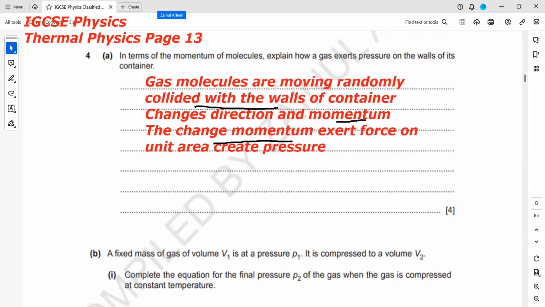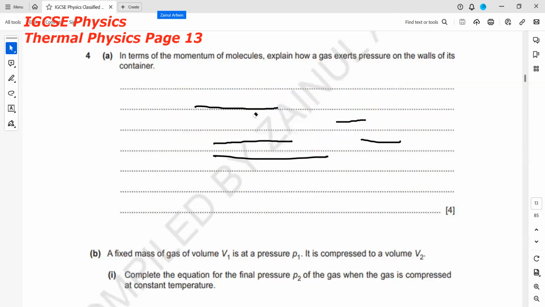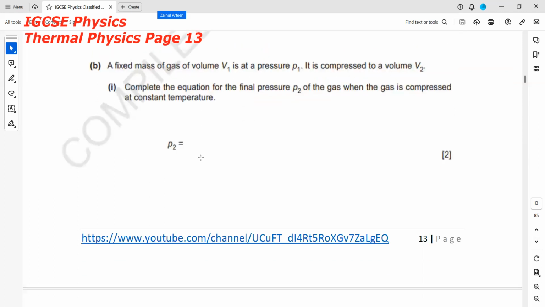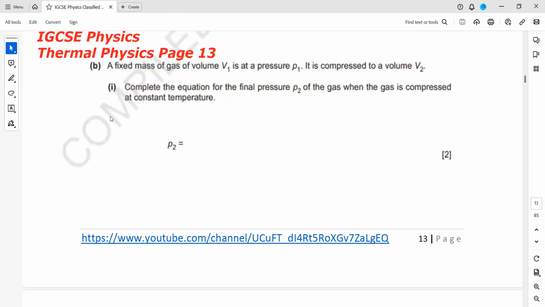The change in momentum exerts force, third mark. And force on unit area creates pressure, that's the fourth mark. So try to learn this answer, this is a structured answer and a very common question that is repeated.